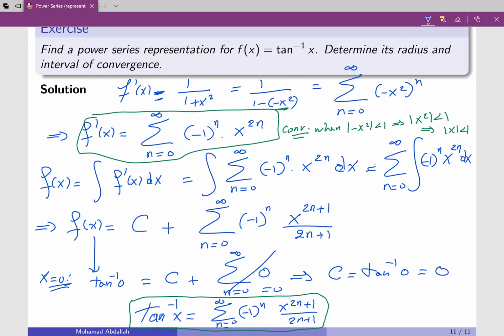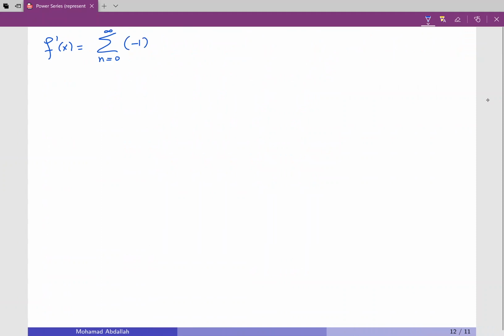So f prime of x, which was the sum from n equals 0 to infinity of negative 1 to the n times x to the power 2n, converges when negative x squared is less than 1, and this means that the absolute value of x squared is less than 1, and this means that the absolute value of x has to be less than 1, and this means that I'm looking at the interval minus 1, 1.